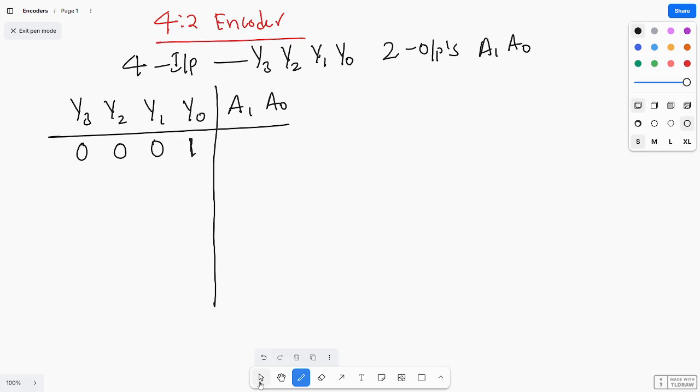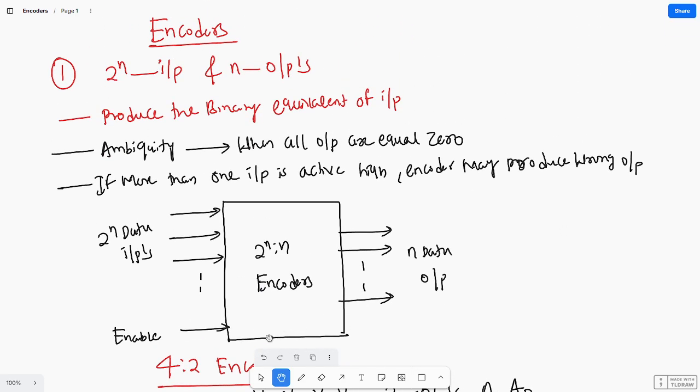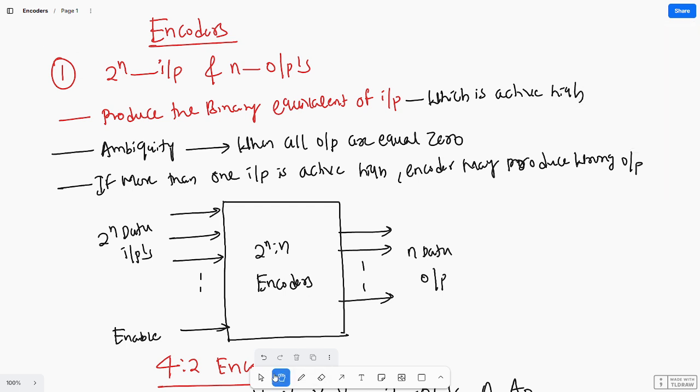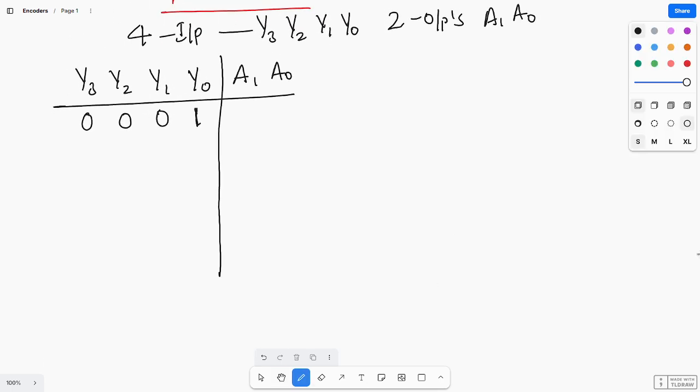If y0 is active high, what is the binary equivalent of y0? You'll get 0 0.